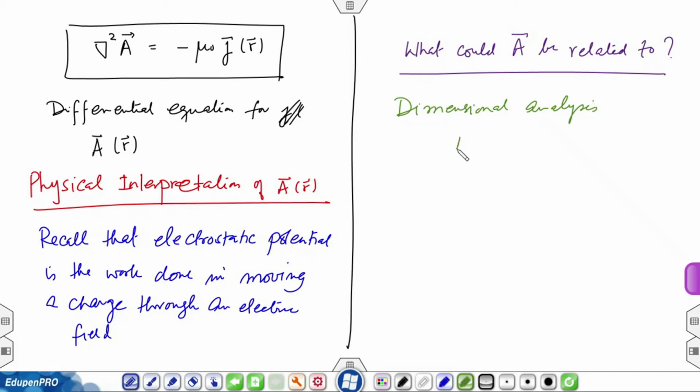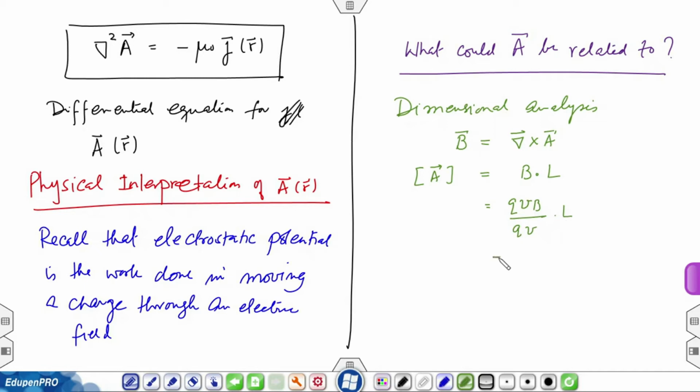Recall that B is equal to curl of A. So, as far as dimensions of A are concerned, they are going to be the magnetic field times the length. I can write this as B q divided by q v times L. I am doing this because q v B is force.